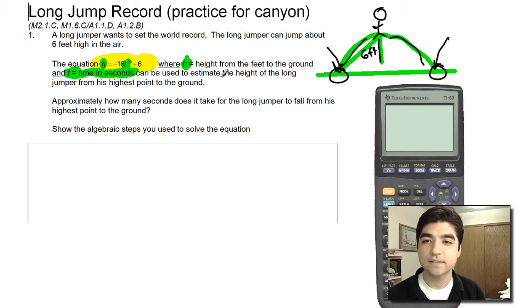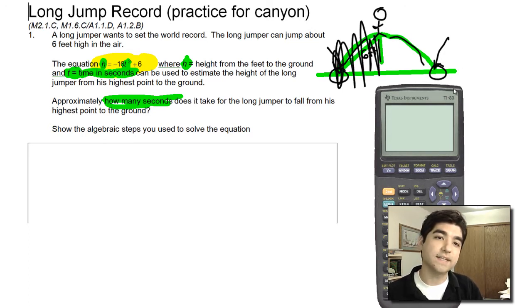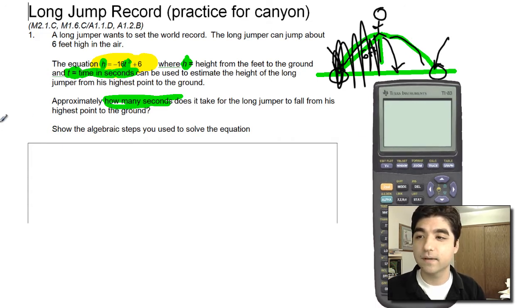Okay, so the high jumper jumps off something and it asks approximately how many seconds does it take for the high jumper to go from his maximum height to the ground. So all we're concerned about is the right side of the graph right now. So we're wondering, if you jump off something, how long does it take for you to hit the ground? That's a very important question in science.